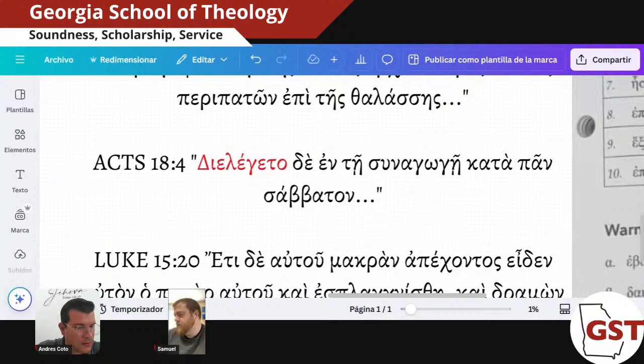Acts 18:4 in Spanish says, "y discutía en la sinagoga todos los días de reposo." And I think the New King James says, "and he reasoned in the synagogue every Sabbath." So what version did you read? Mine is the New American Standard. The New King James says "and he reasoned." Then the New American Standard is better because it translated it as a continuous action. So it has a better translation of it.